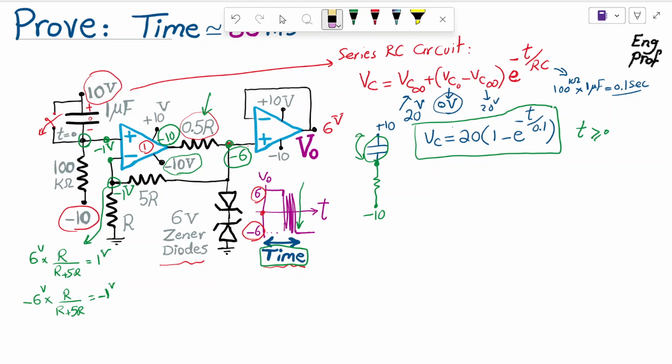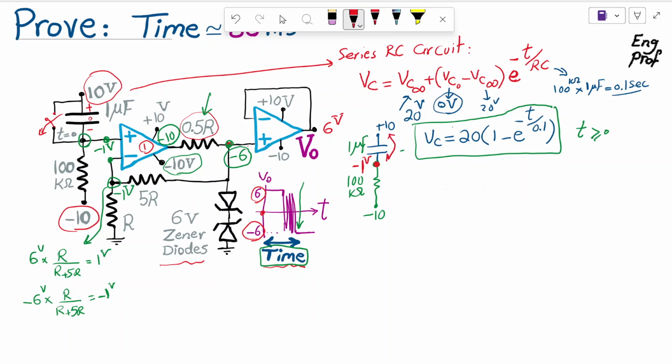So long story short, we need to get to negative 1 volt for the voltage of the node between cap and R. By R I mean 100 kilo ohm, and by cap I mean 1 microfarad, as is given in this circuit. So if I want to become negative 1 volt here, I would like to get to negative 1 volt for the voltage of the node between cap and resistor.